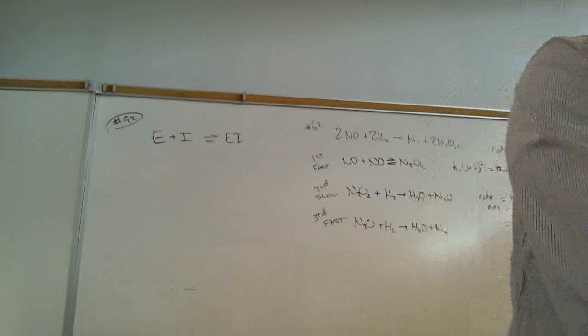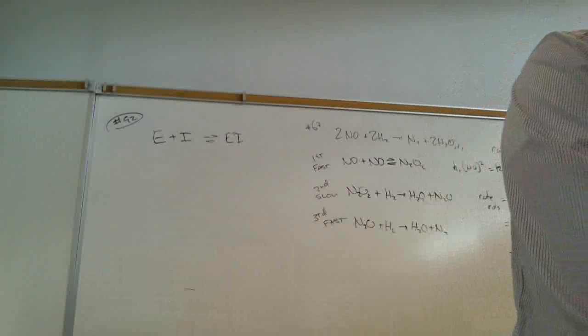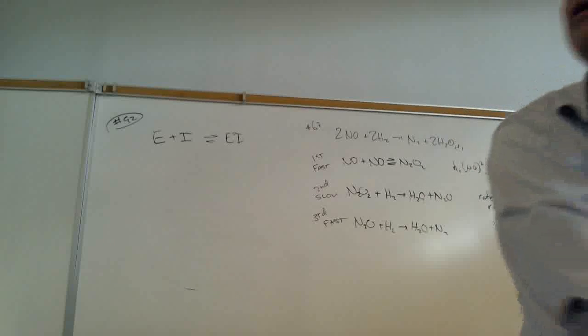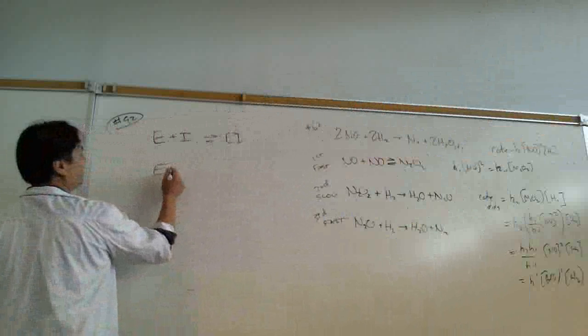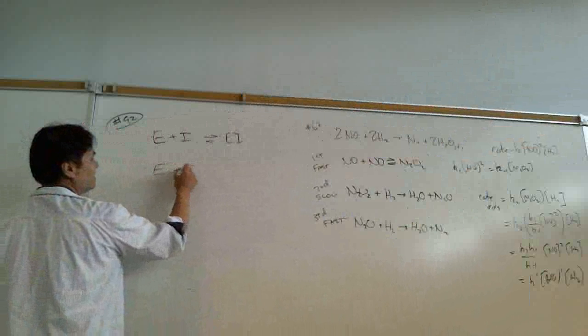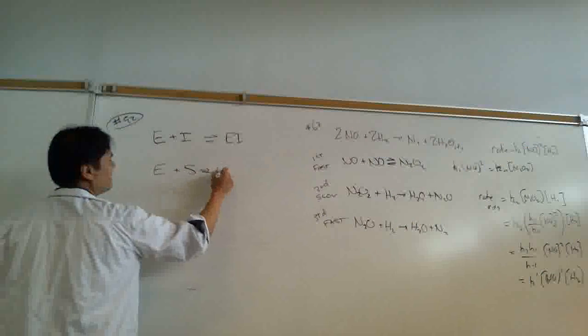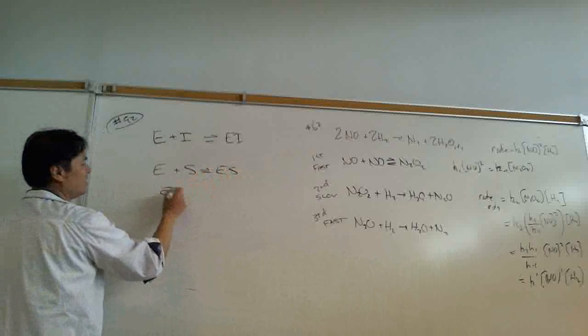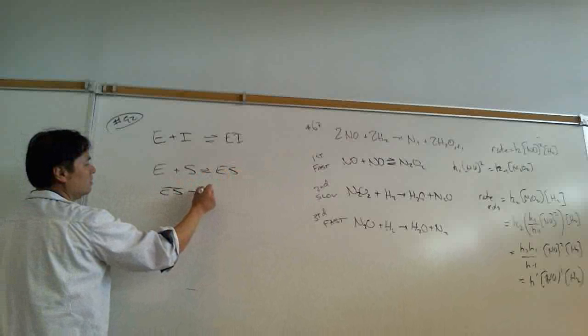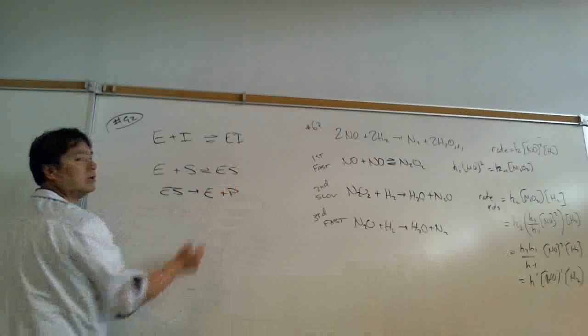So then we need this enzyme, right? Enzyme plus substrate is going to give us the enzyme substrate. And then the enzyme substrate is going to decompose into enzyme plus a product.